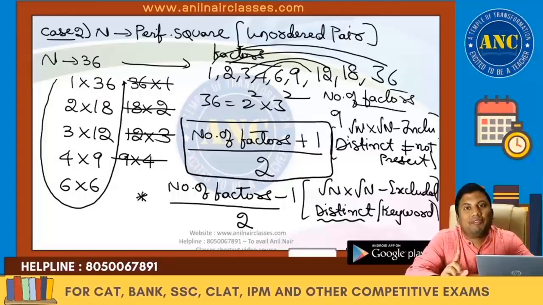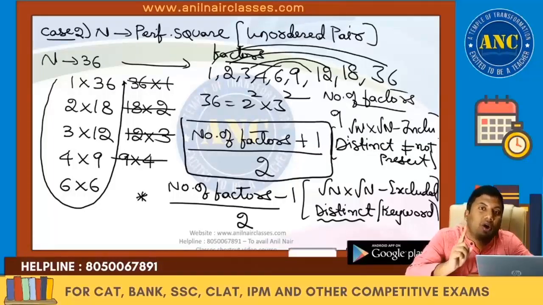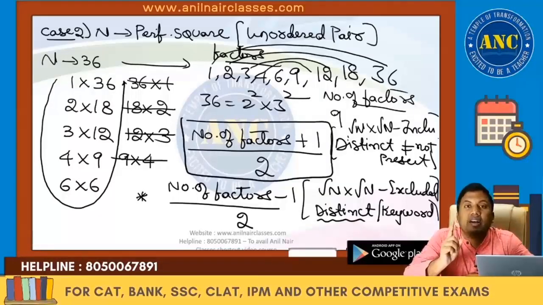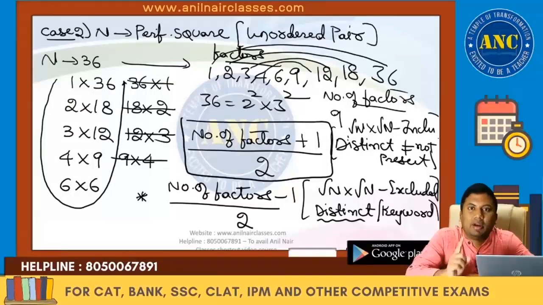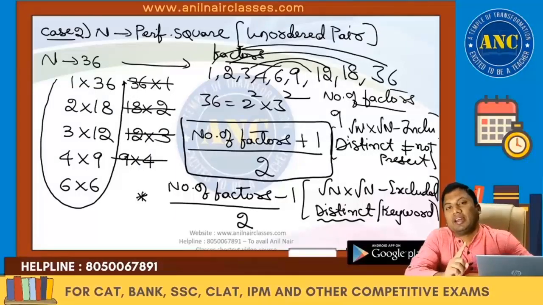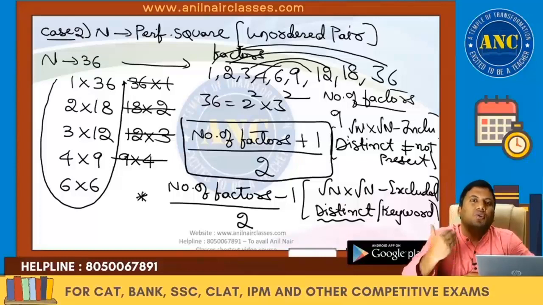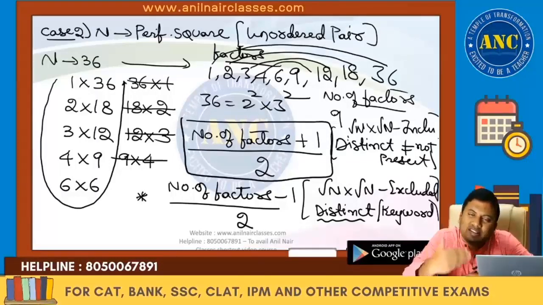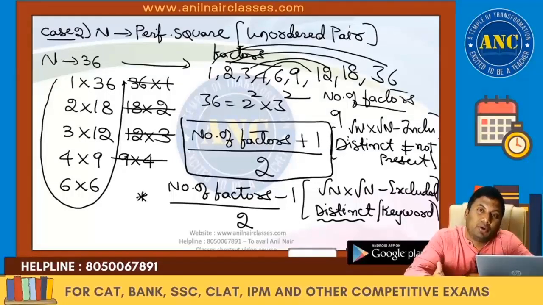It cannot be number of factors by 2, because a perfect square always gives an odd number of factors, and odd divided by 2 would be a decimal. The number of ways can never be a decimal. Plus 1 means you are including one more case, root n into root n. Minus 1 means you are eliminating that case. I hope the idea is clear.